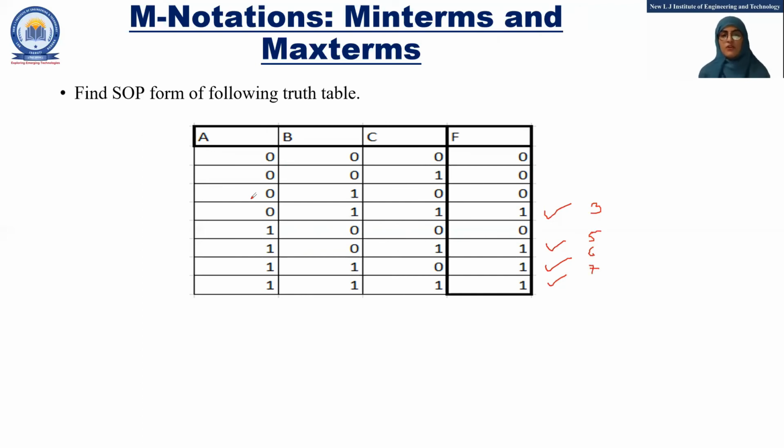So the SOP form of this truth table is A prime, B, C. For this term, it will be A, B prime, C. For this term, it will be A, B, C prime. And for this term, it will be A, B, C. So this is the conversion of truth table to SOP form.